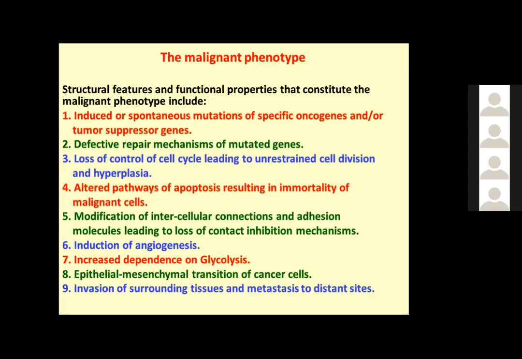Also, in addition, we have increased dependence on glycolysis. Glycolysis is a metabolic pathway which produces a very small amount of ATP. For each 38 molecules of ATP produced by oxidative phosphorylation normally, we get only 2 ATP molecules from glycolysis or oxidation of sugar through this glycolysis.